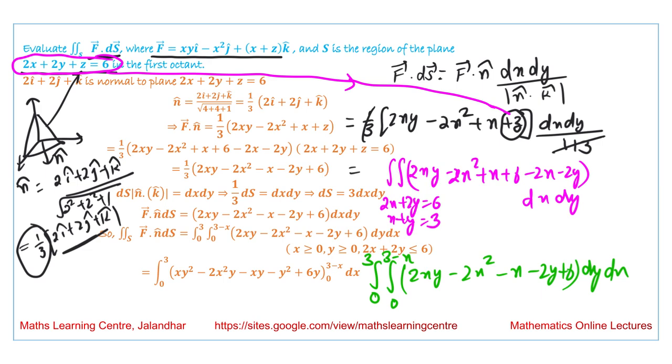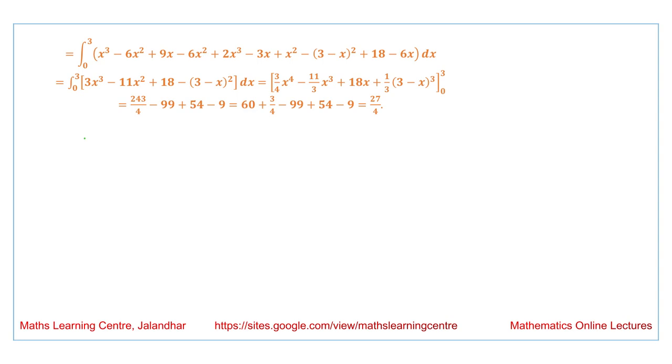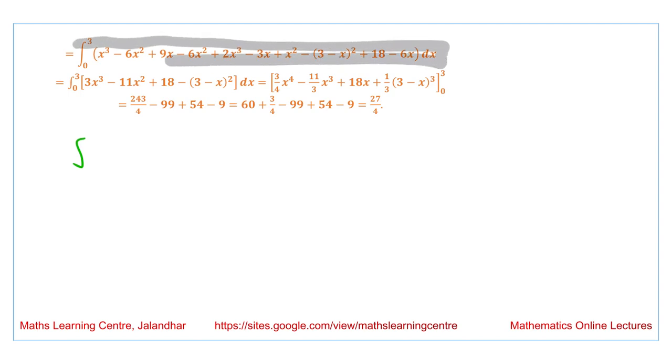Now if we integrate these values, first of all we are integrating with respect to y. The answers we obtain are these calculations, shown over here. You can try these calculations. We are saying the integral we are left with is in this form. When you integrate with respect to y, then on integrating with respect to x, we are having this term. On simplifying this, we are having this term.